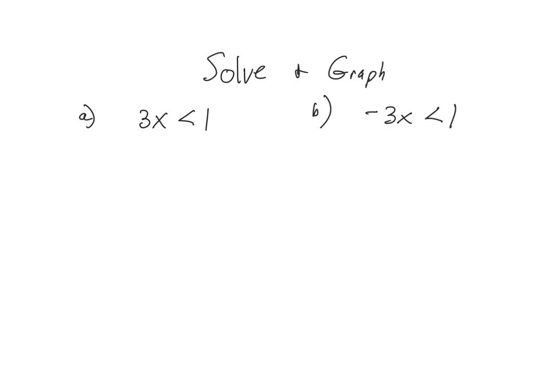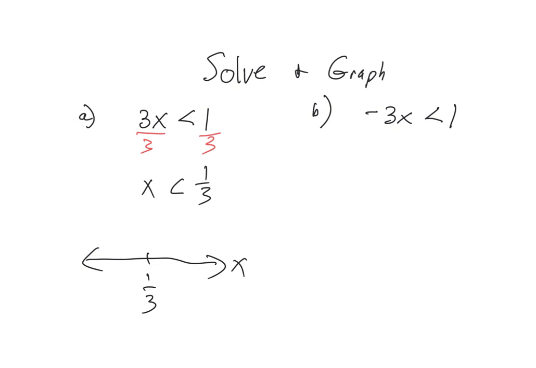We're going to solve these and graph. Now we have inequalities, but our processes stay the same. Inverse of 3 times x is dividing by 3. Over here, divided by 3, I have x less than 1/3. I'm going to graph that. I have one variable, so I have a number line only. My boundary point is 1/3, and I need x less than 1/3. Where is x less than 1/3 on that graph?